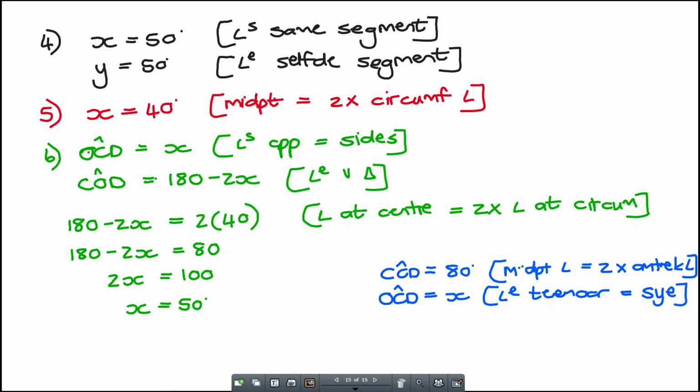En dan kon jy direk gesê het x gaan wees 50, want dis hoeke van 'n driehoek. Enige een van die twee. Goed. Kan ek maar aangaan? Can I skip? Ja. Skryf nog, okay?